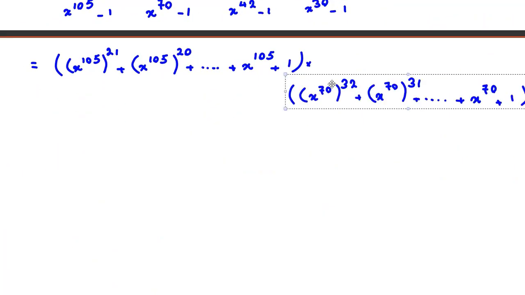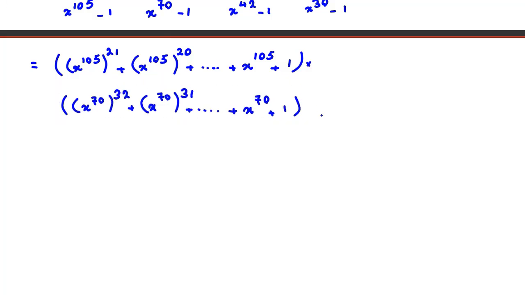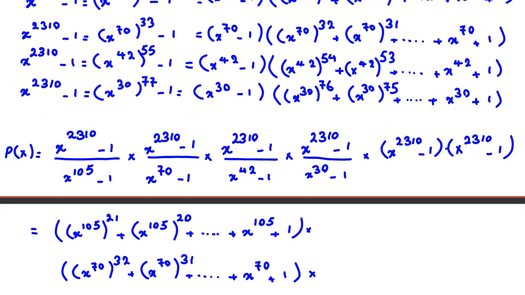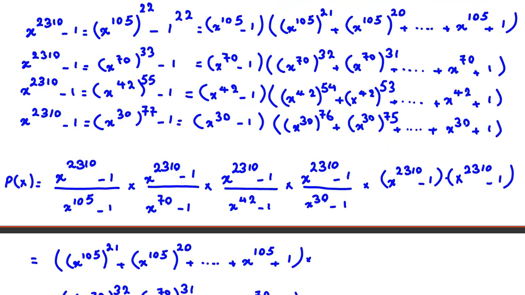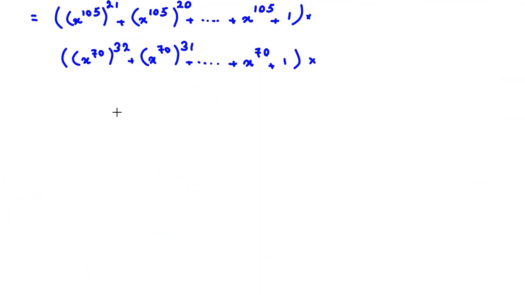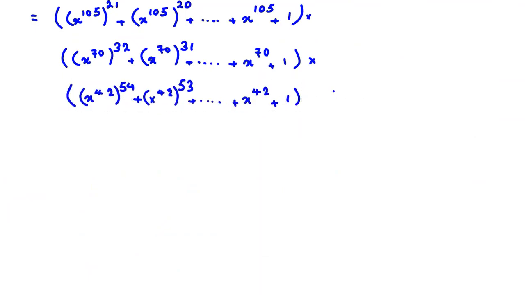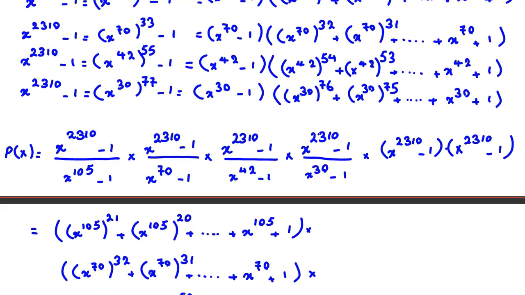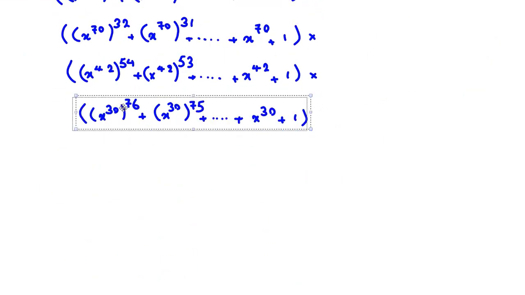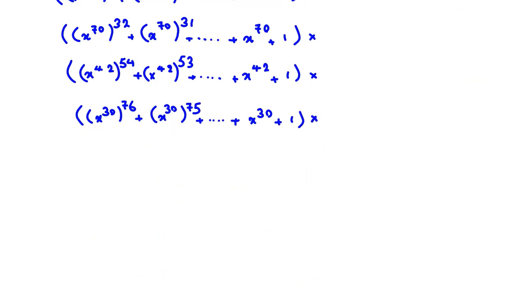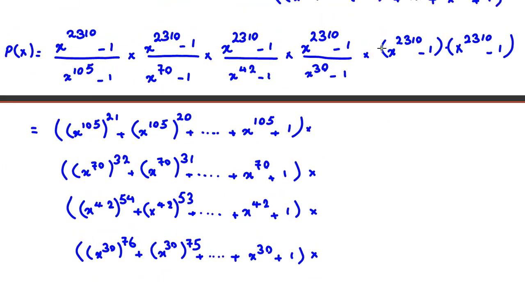Next one is 2310 minus 1 over x to the 42 minus 1, the third part. So it will be this one times this minus 1 over x to the 30 minus 1, which will be this one. Times x to the 2310 minus 1 times x to the 2310 minus 1, okay?